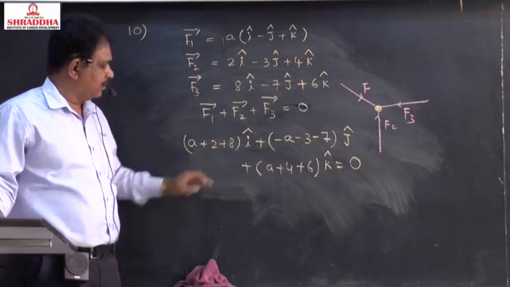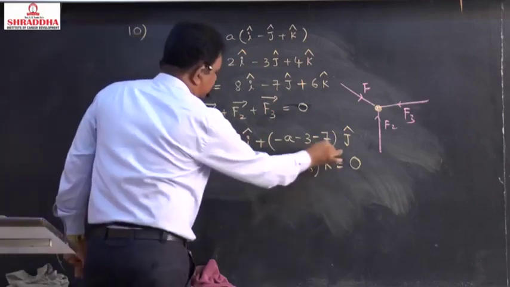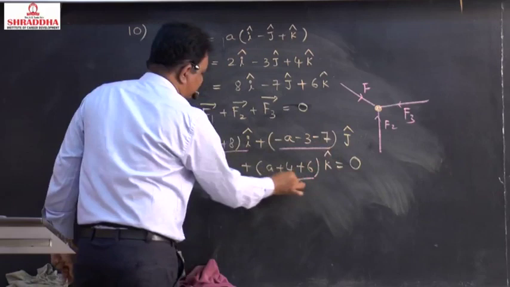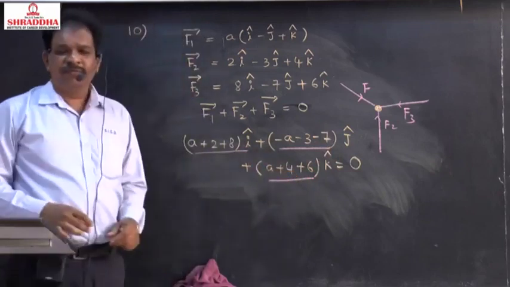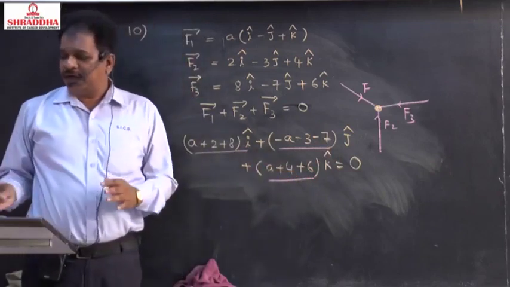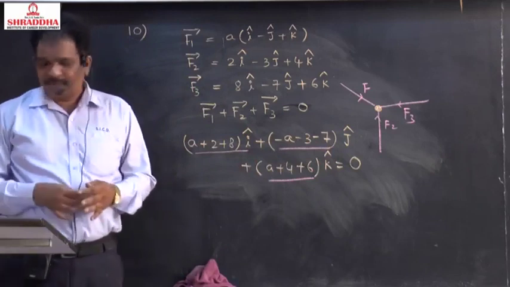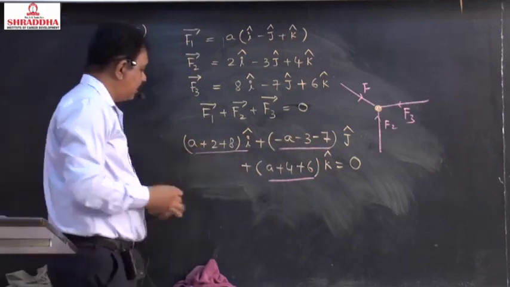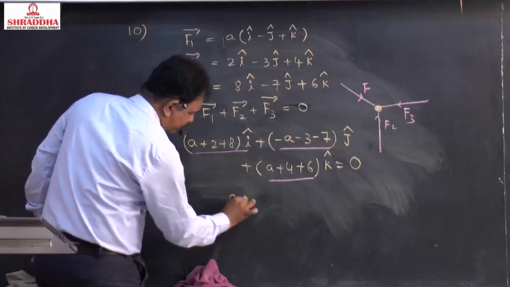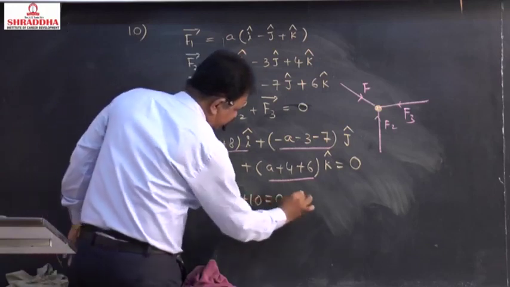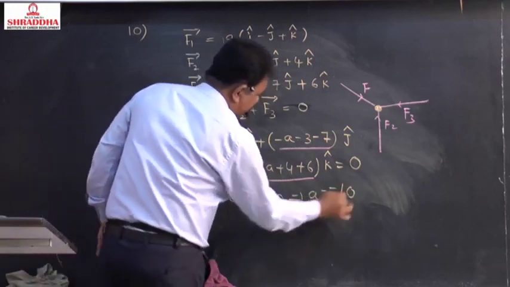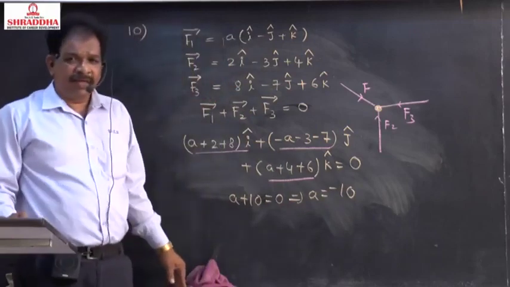Each of these components will be equal to 0. They are asking to find the value of A. Take any one: A plus 10 is equal to 0, so A is equal to minus 10.